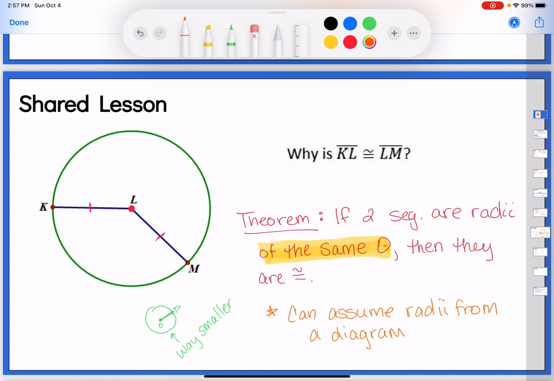So that means if I was going to write this in a proof, if KL congruent to LM was going to be a statement in my proof, and I was going to write if two segments are radii of the same circle, then they are congruent for the reason, then the step before that would have to say KL and LM are radii of circle L, right?